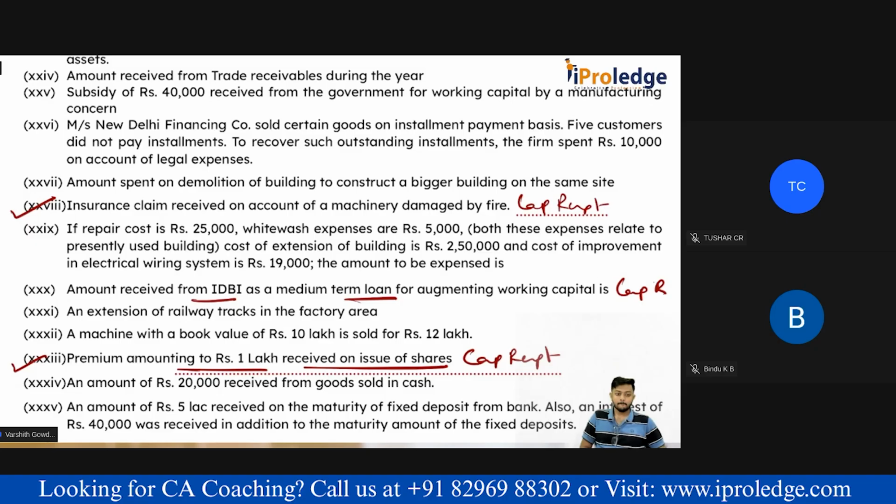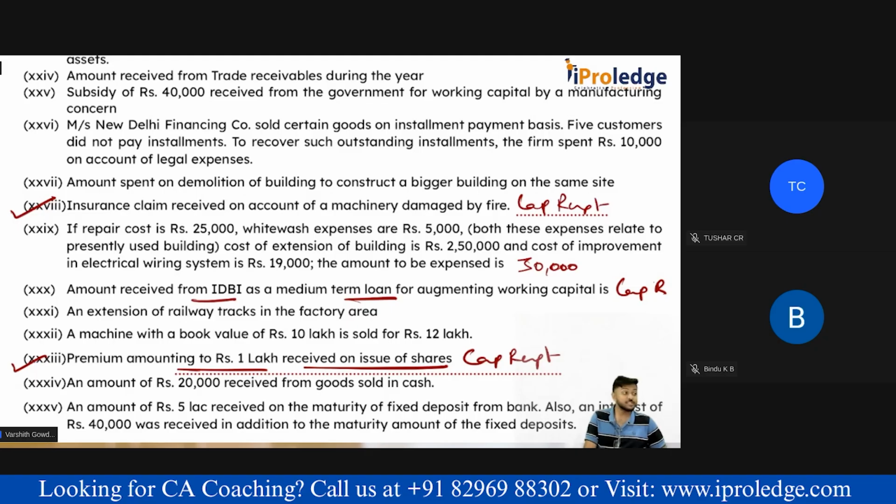So 30,000. Others, 50,000 revenue of amount. What is the question? Amount to be expensed. 25,000. So that is 30,000 to be expensed. And then it's a revenue expense.